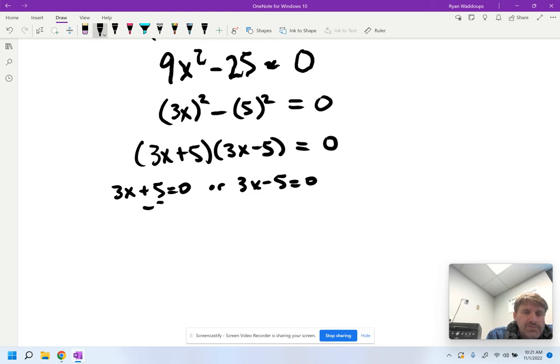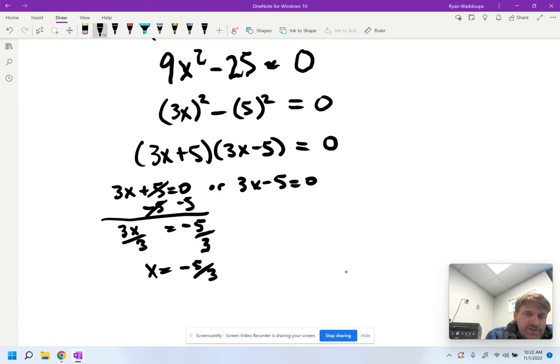And in this case, I'm going to subtract 5 from both sides, leaving 3x is equal to negative 5. Then divide by 3. X then is equal to negative 5 thirds. Over here, I'm going to add 5 to both sides. 3x then is equal to positive 5.